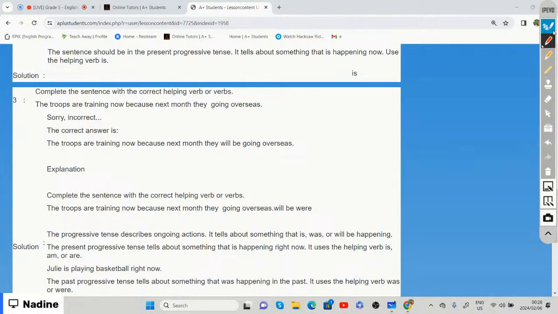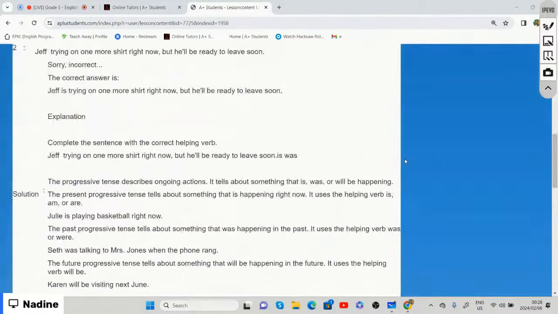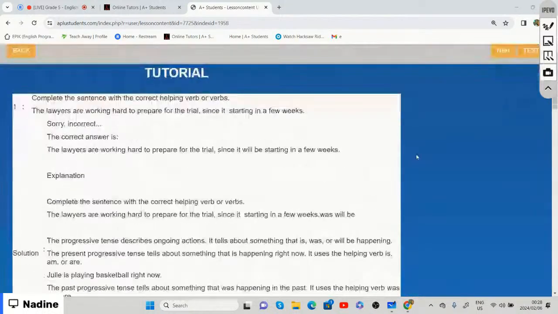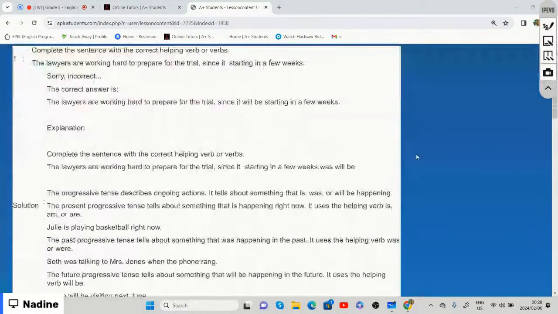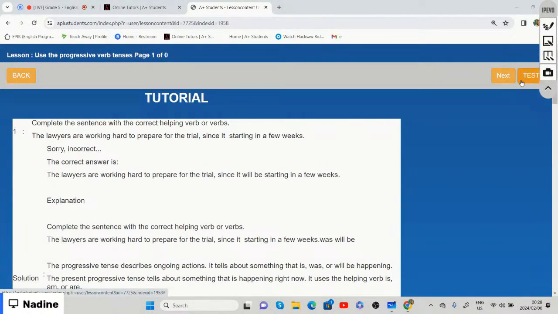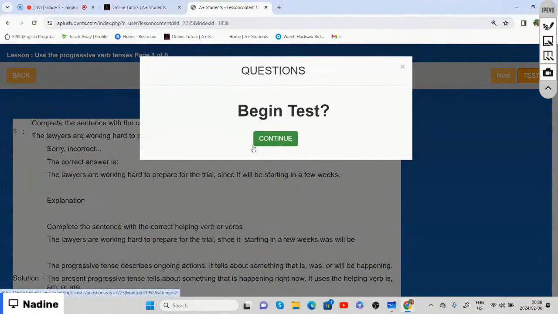All right, so now we're going on to our test where we use the progressive verb tense.